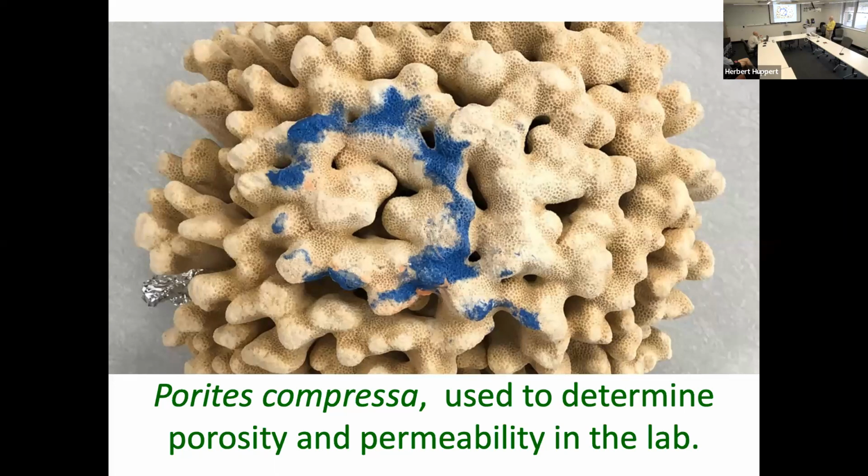It's not like spheres, but we could determine the porosity and the permeability in the lab from this. The porosity you work out by measuring what the external volume is, and then you pour water into it and measure how much water goes into the clear bits, and from that you can work out what the porosity is.